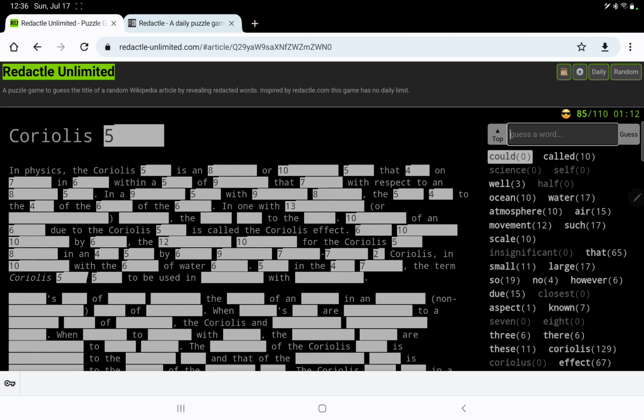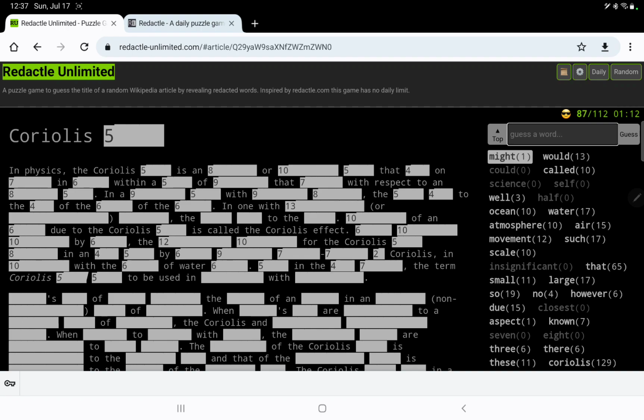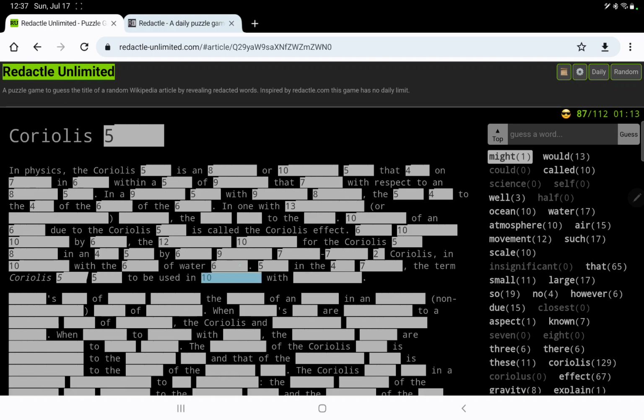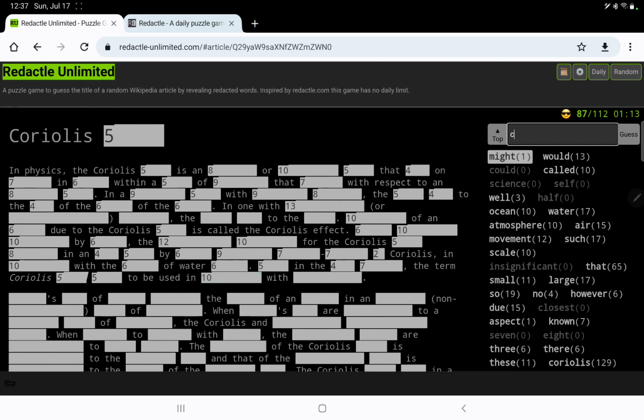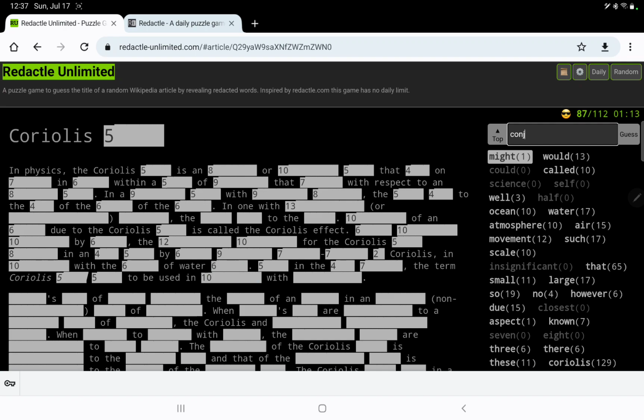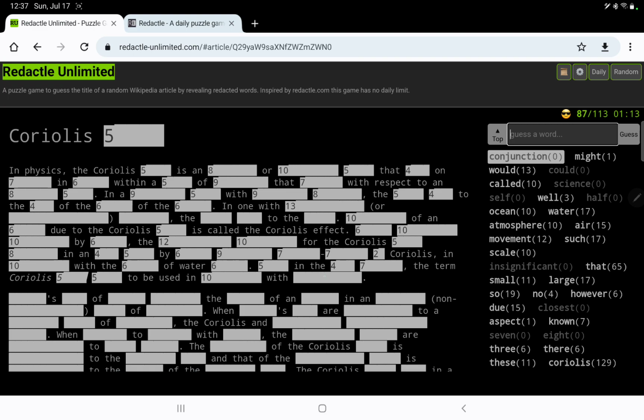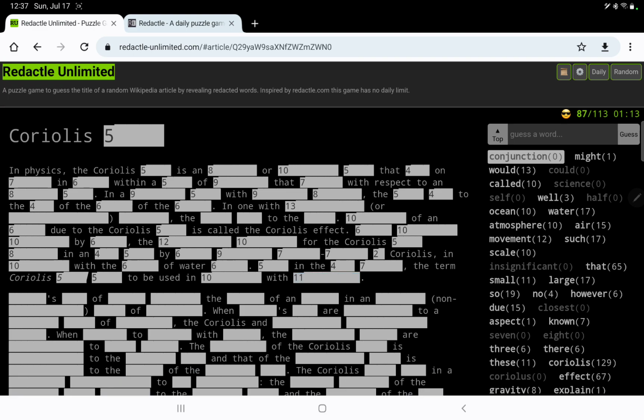Could be used, would be used, oh, might be used. No. In conjunction. No, used in something with something else. The term Coriolis 5, which is the title, 5 to be used.